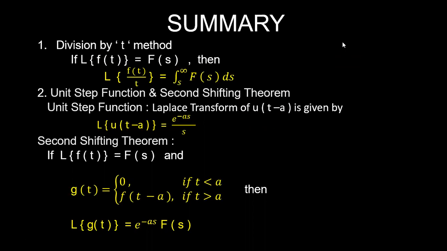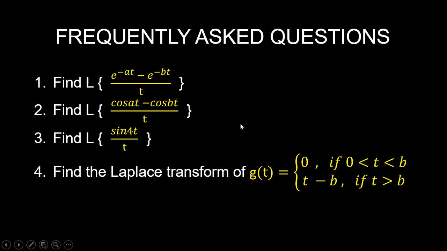In this class we have discussed how to simplify using the division by t method, and how to simplify the second shifting theorem, that is, the definition of the unit step function and the definition of the second shifting theorem, and how to solve problems using these two methods. Now we'll see some frequently asked questions from previous question papers.